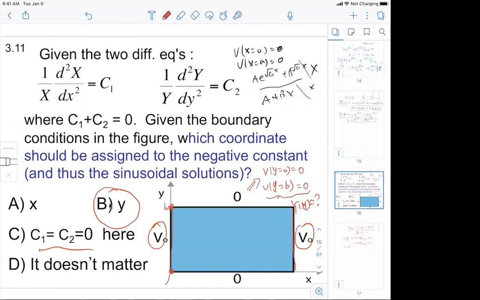Oh, yeah, because if you make B 0, that means for every y you get 0. So that means not just this wall and this wall, but everywhere here, whatever y is, it's 0, right? And yeah, that's not allowed. Okay, that makes sense. Thank you. All right, thank you.